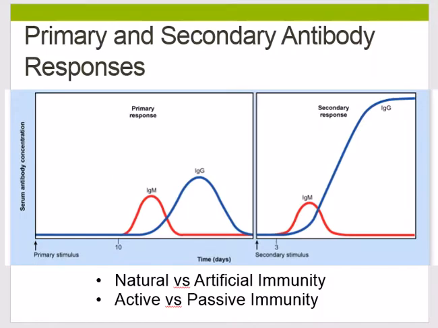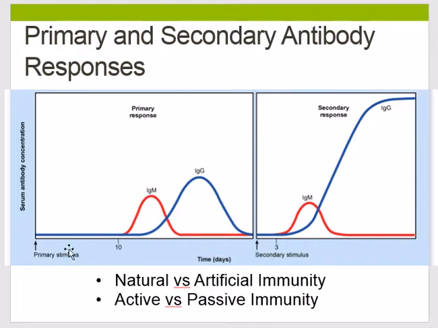The graph on this page depicts antibody response times. As you can see, the initial encounter with a specific antigen, which is the primary stimulus, on the far left of this graph, is what's going to produce the primary response, the first response.